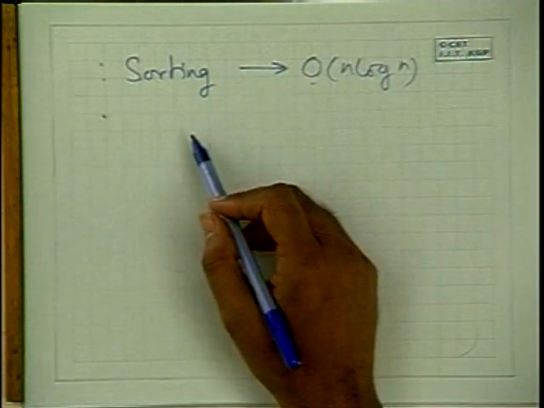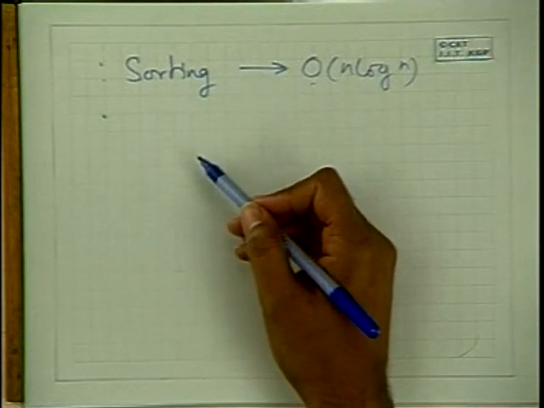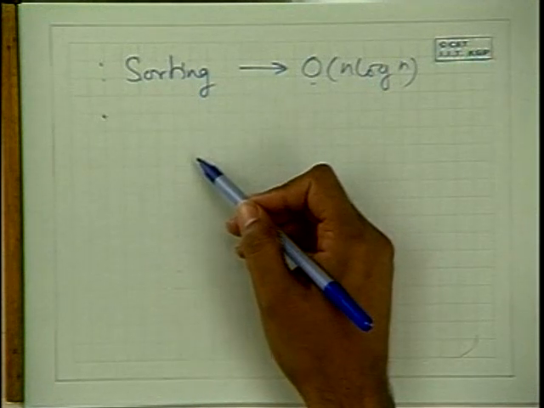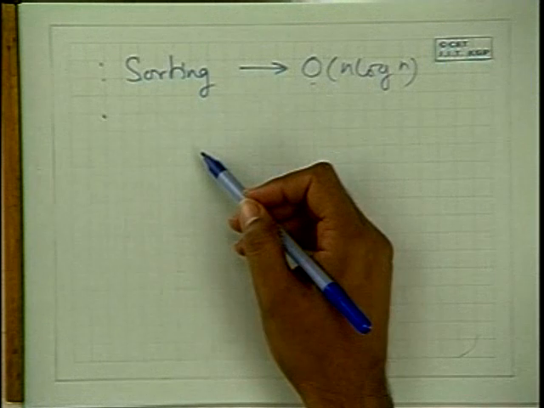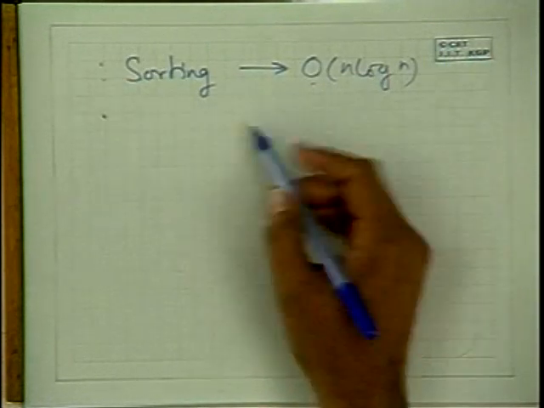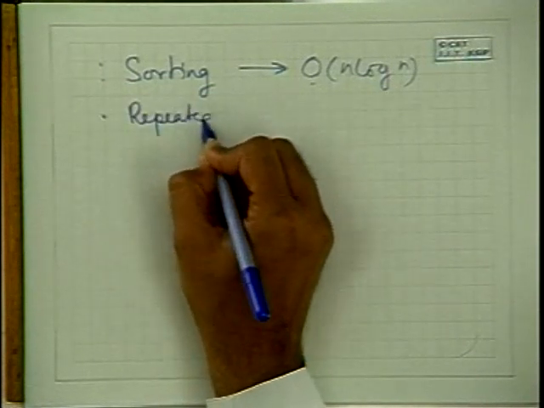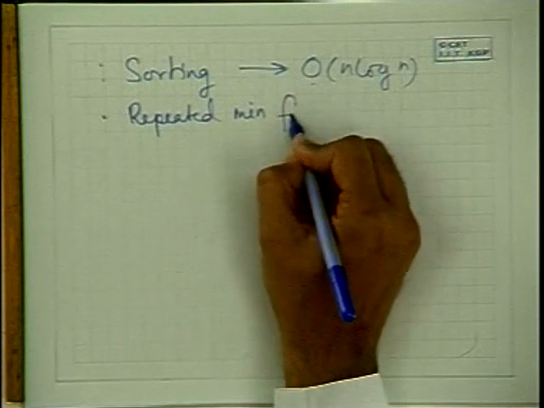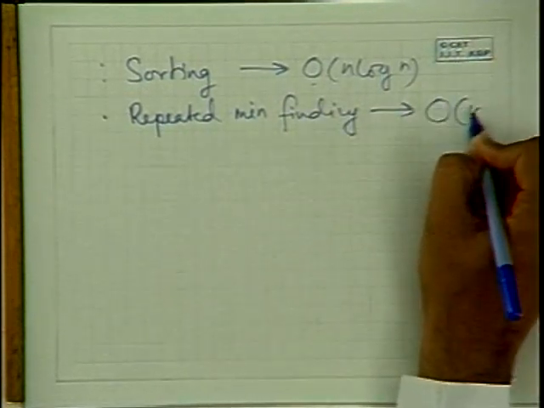Okay. So in general, suppose I generalize this algorithm, what does it do? How can you find the kth smallest? Order kn time. What do you do? First take the smallest, delete it, take the smallest, delete it, do it k times. So repeated min finding will give you order of kn time.